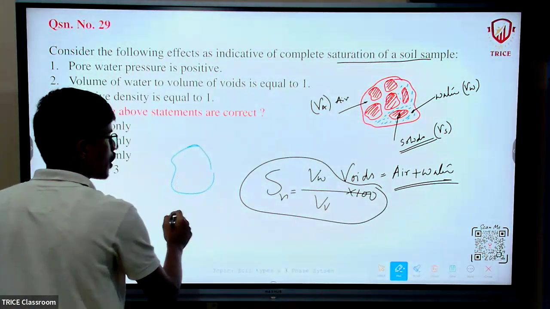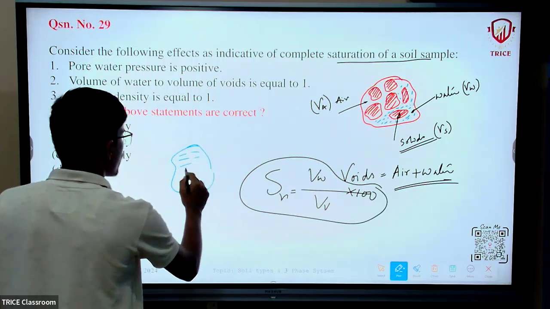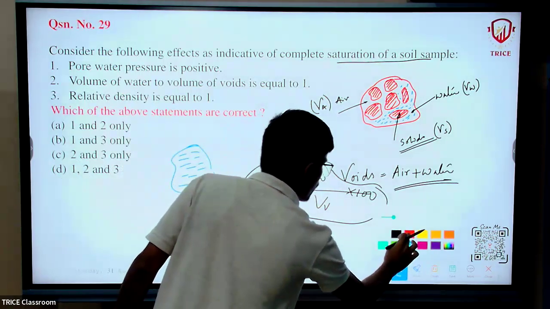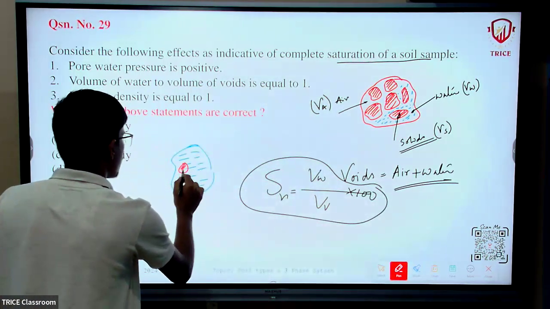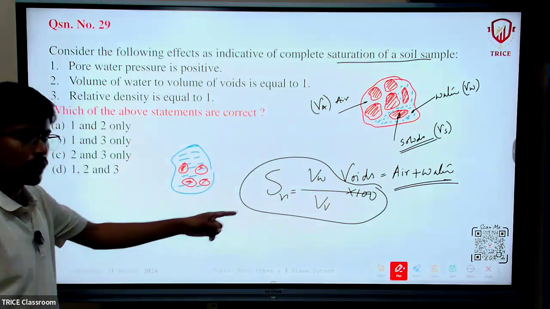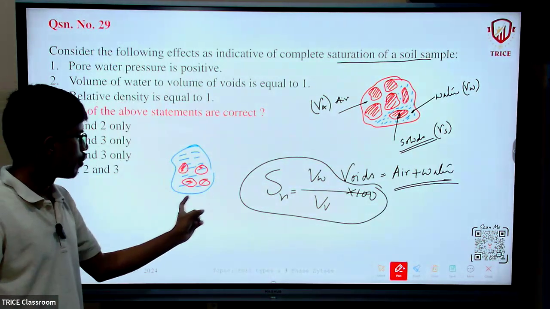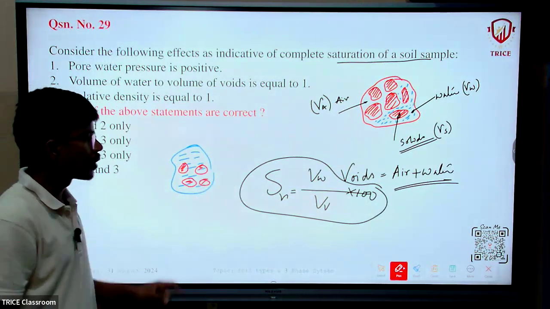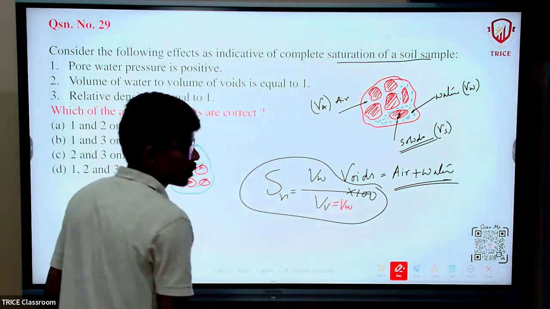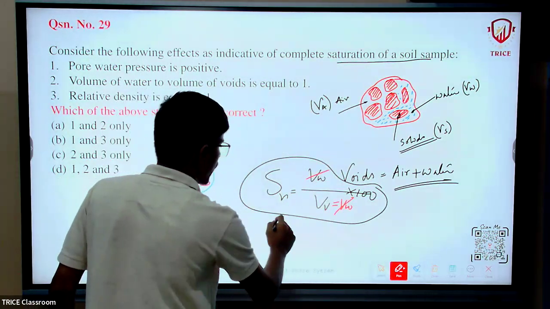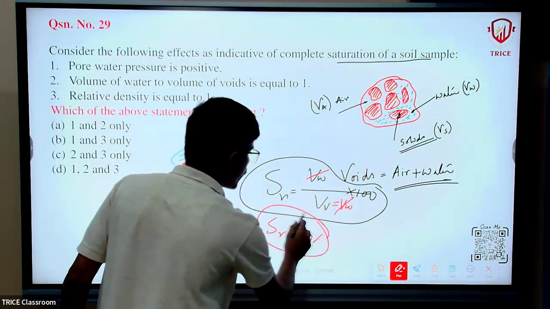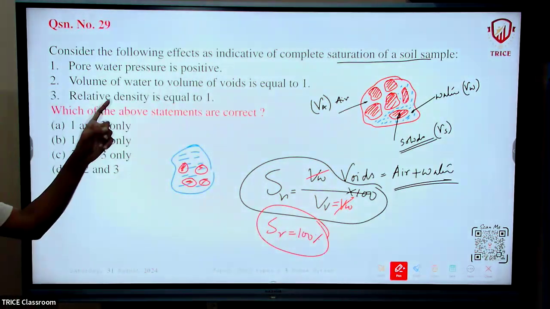Here we have the soil particles, and the entire void spaces are filled with water. So VV is replaced by VW, VW gets cancelled, and the saturation goes to 100%. This is full, complete saturation.